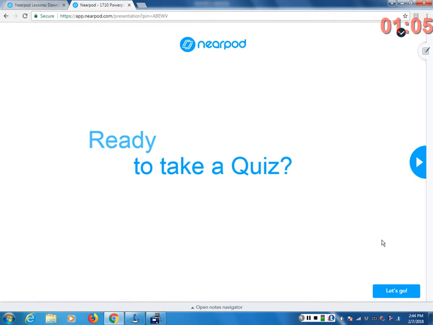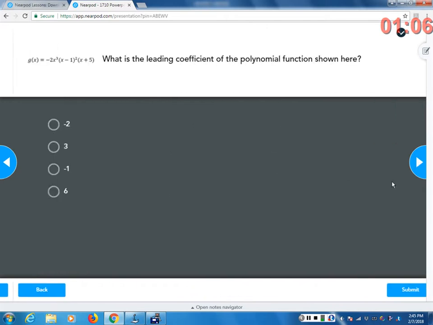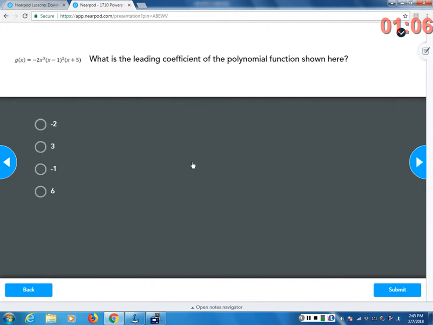So, you're taking the quiz. When you take the quiz, you can't hit the right arrow, you gotta hit let's go. I'm just gonna write it down so we can go over it. What's the leading coefficient?